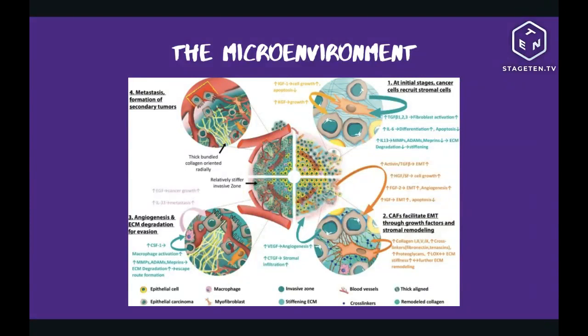So if we take a look at the changes at different stages, at initial stages, cancer cells recruit stromal cells, normal ones, and this is usually associated with tumor growth factors and interleukins. Then cancer-associated fibroblasts facilitate epithelial-mesenchymal transition through growth factors and stromal remodeling.